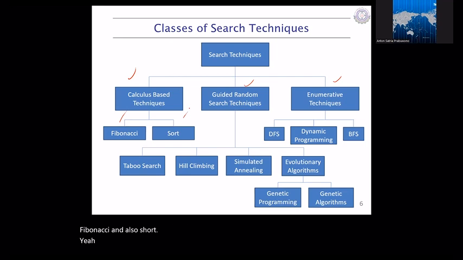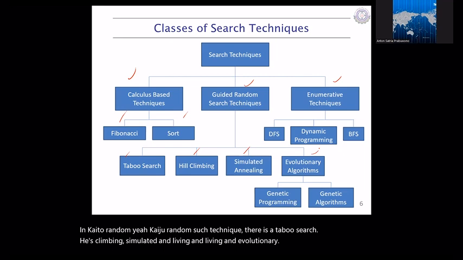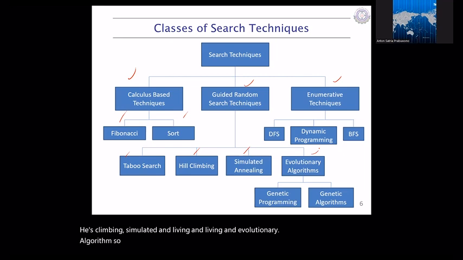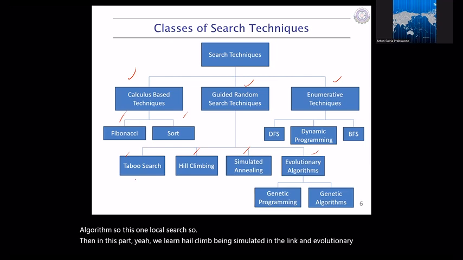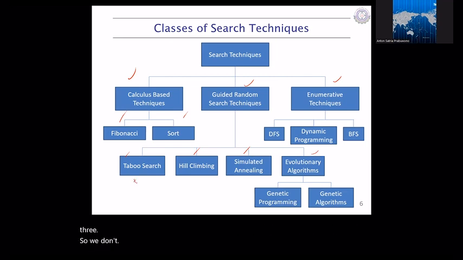Then in guided random search techniques, there is taboo search, hill climbing, simulated annealing, and evolutionary algorithm. In this part, we learn hill climbing, simulated annealing, and evolutionary algorithm, these 3. We don't learn the others. So we cover only hill climbing, simulated annealing, and evolutionary algorithm. And evolutionary algorithms are divided into genetic programming and genetic algorithms.